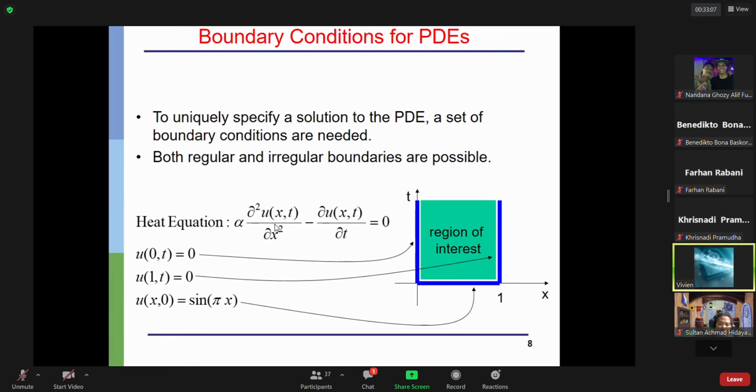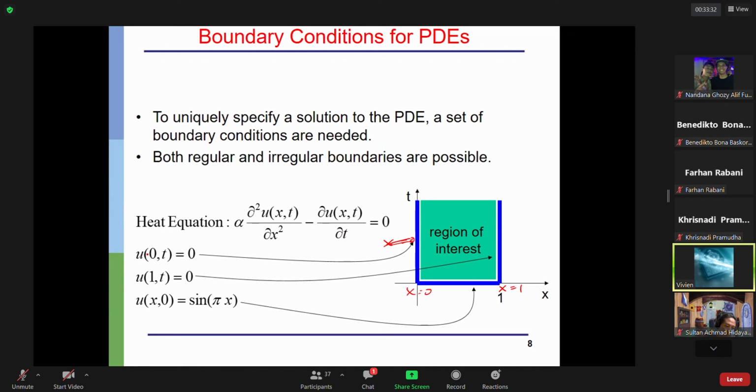Because we have the second derivative in x, we need two boundary conditions in x direction. So we take two here, which are at x equals 0 and x equals 1.